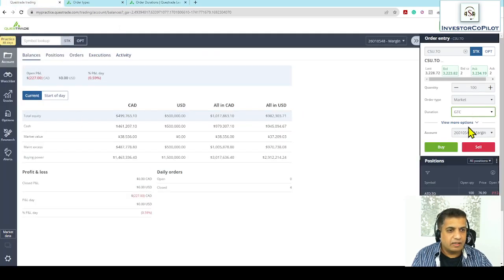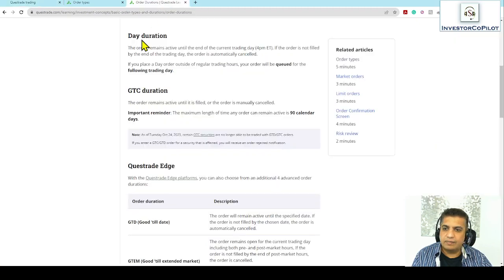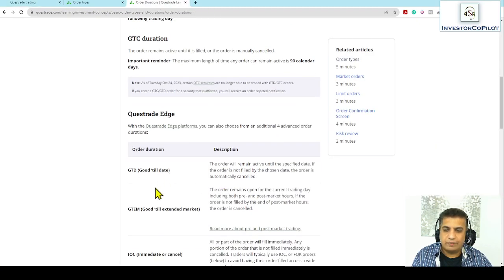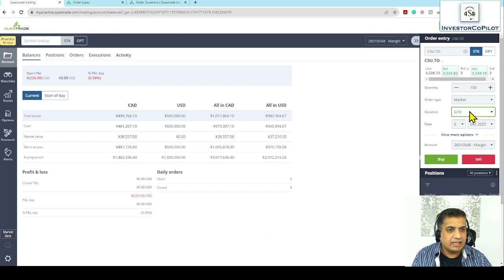Then we have GTD, which is the good till date order. So when I select GTD here, the system will prompt me to enter a date. This is basically just a version of the GTC order where you're specifying a particular date till which you want this order either filled or it will auto cancel.